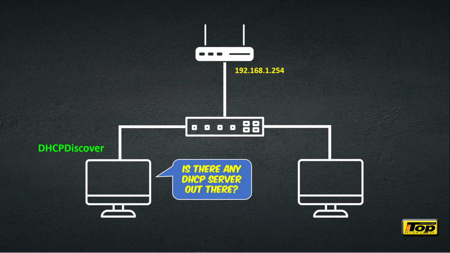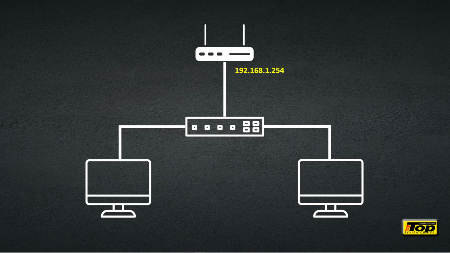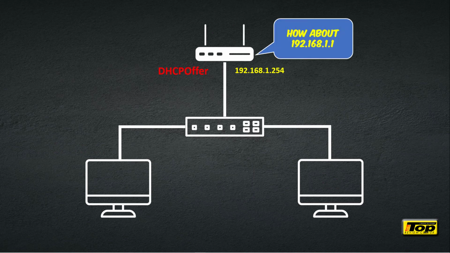The DHCP Discover will be received only by the DHCP servers, and those that are non-DHCP servers will simply disregard those. When the DHCP server receives DHCP Discover, it will issue DHCP Offer going to the PC, offering it an IP address.